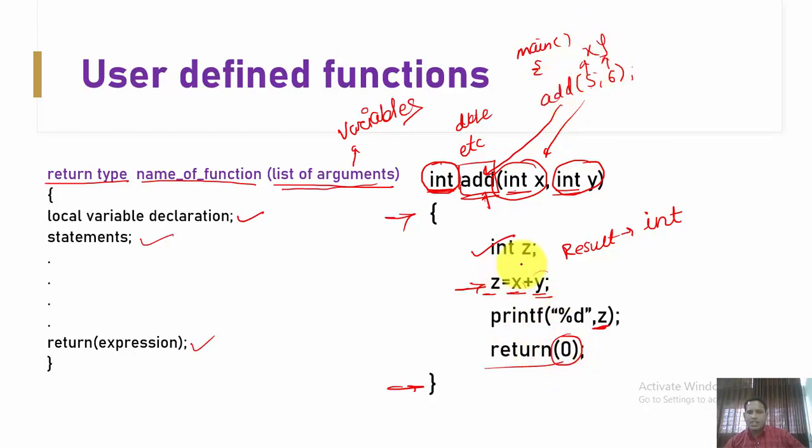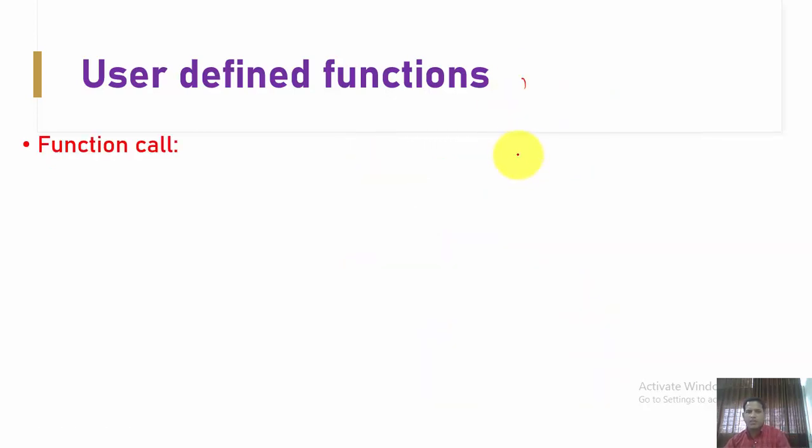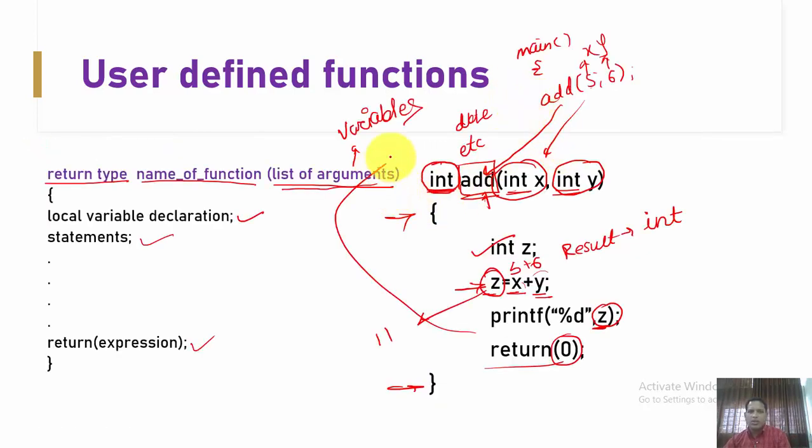Now it is going to perform the addition: 5 plus 6, and the result is 11. Now the value 11 gets assigned to variable z. So this value I'm going to print here only. As I'm printing the value within the same function, I'm not going to give the value of z back to the main function. So that's why I'm defining return 0 here. In this way the function definition works in your programming language.